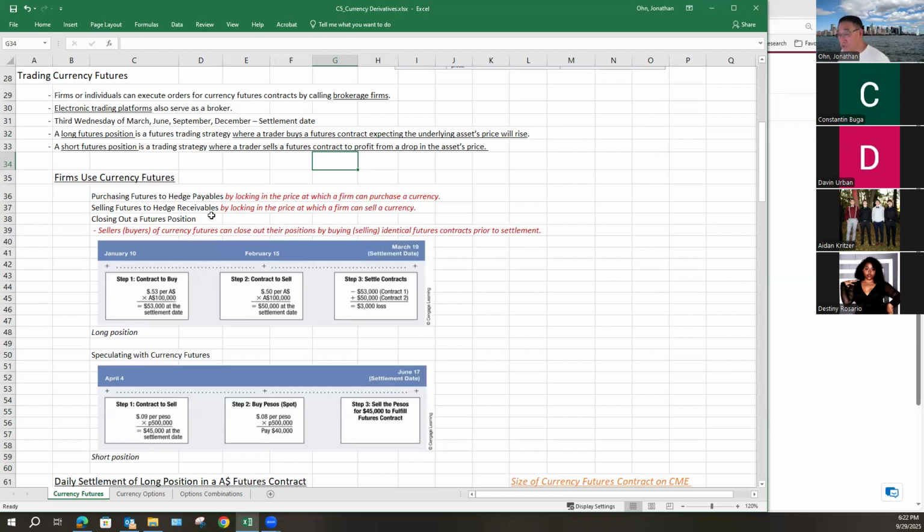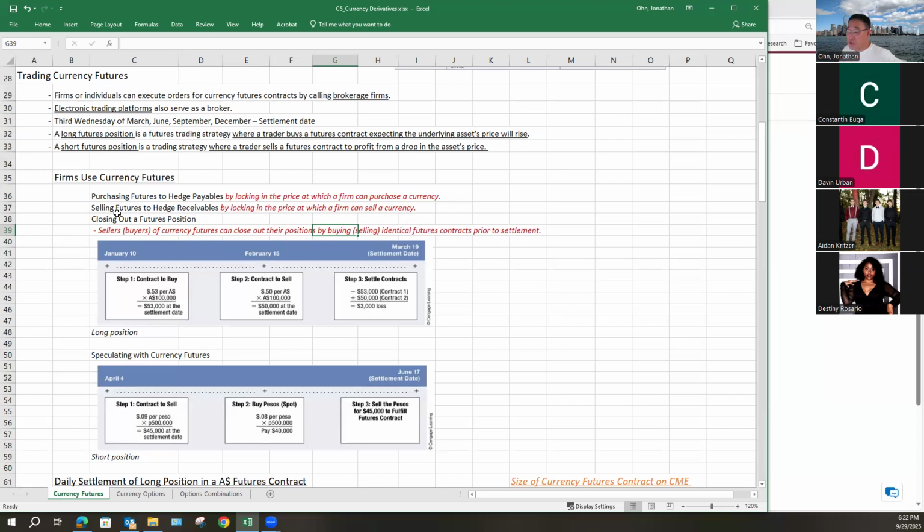Closing out a futures position. Usually, closing a futures position means you take the opposite position. A seller of currency futures, that's a short position, right? A short position can be closed out by a long position, by buying an identical futures contract prior to settlement.